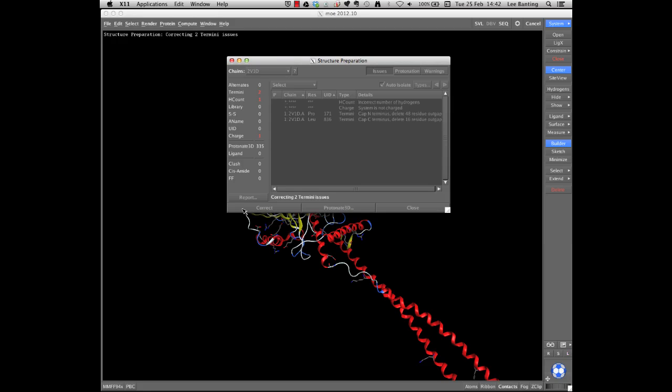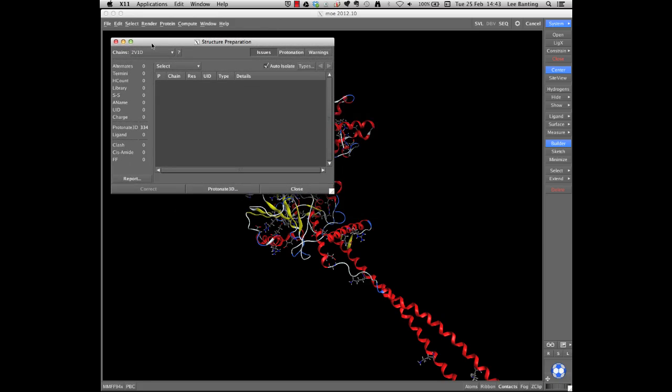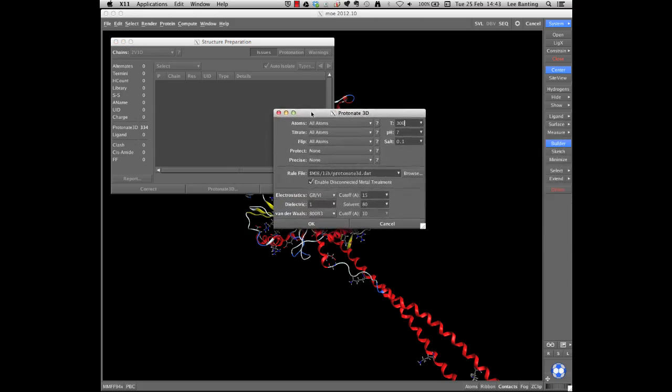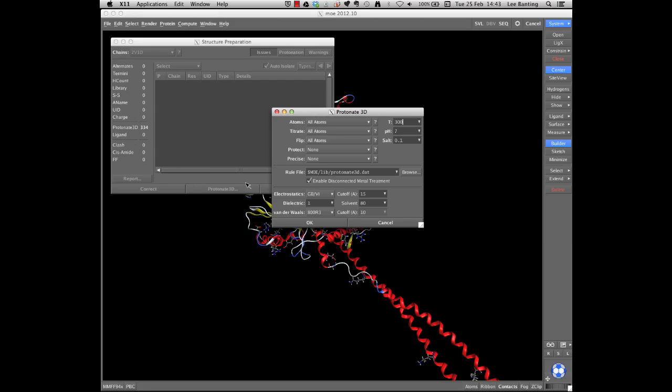We can correct those problems within Mo, so it causes any errors to be corrected by an editing procedure. I can now decide on protonating the protein as it would behave within water at its isoelectric point. So all the amino acids that are acidic and basic exchange their protons to give a neutral molecule.